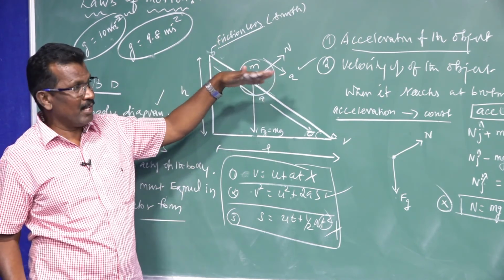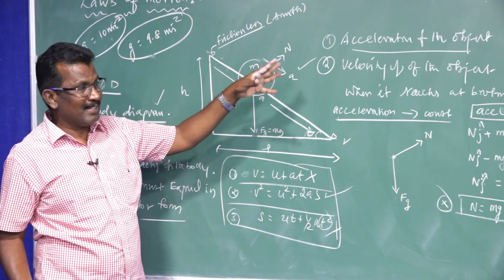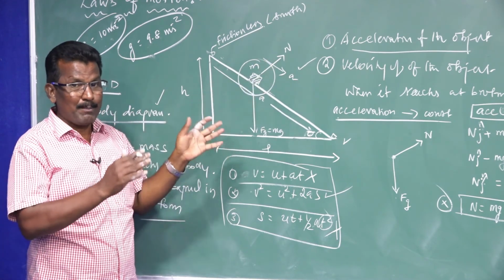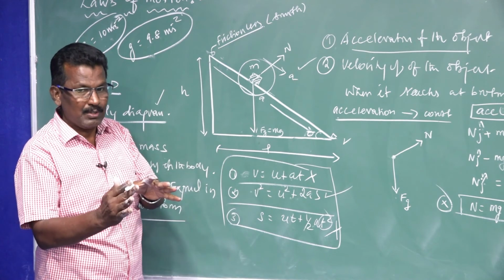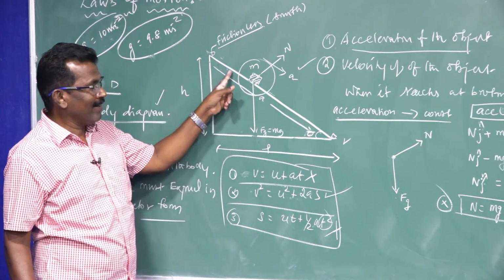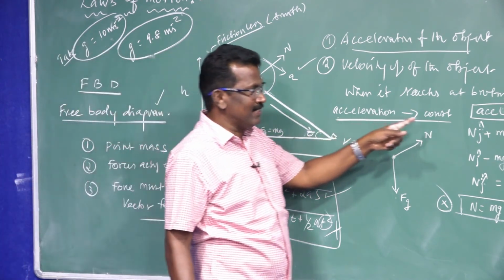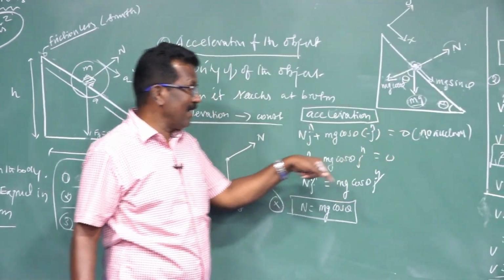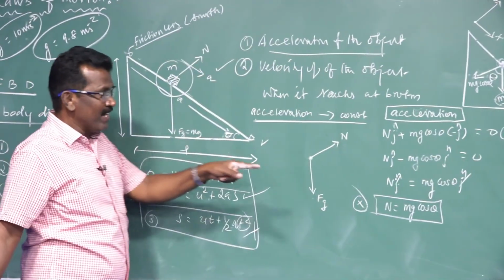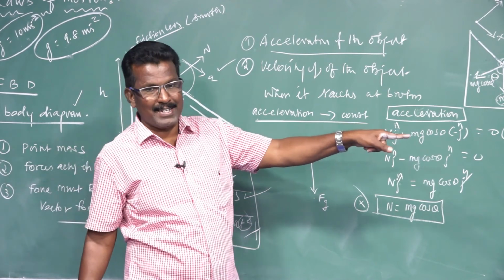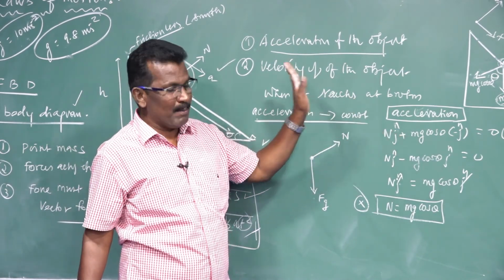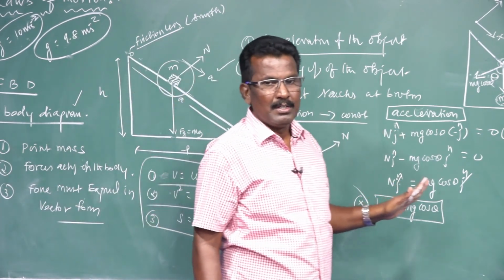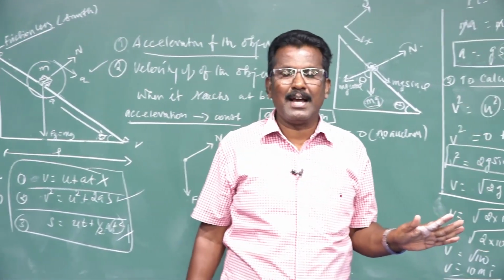These are the basic formulas to solve problems in further topics. Acceleration on an inclined surface is always a equals g sin theta, and the velocity of the body when it reaches the ground is v equals root of 2 g sin theta into s.